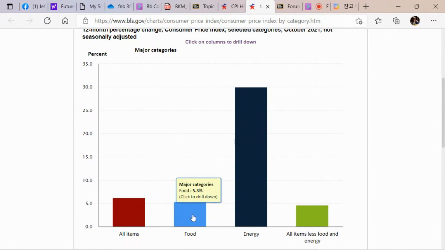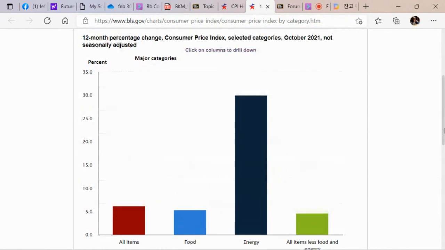Well, this is not month to month, but year to year. So it's the change between October 2020 and October 2021, the 12-month percentage change.